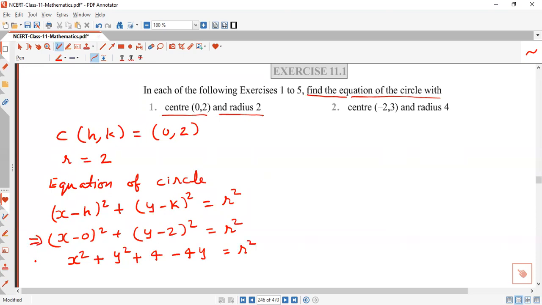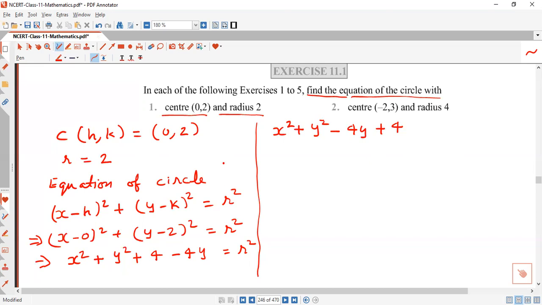Now let's simplify this. The left hand side is x square plus y square minus 4y plus 4.